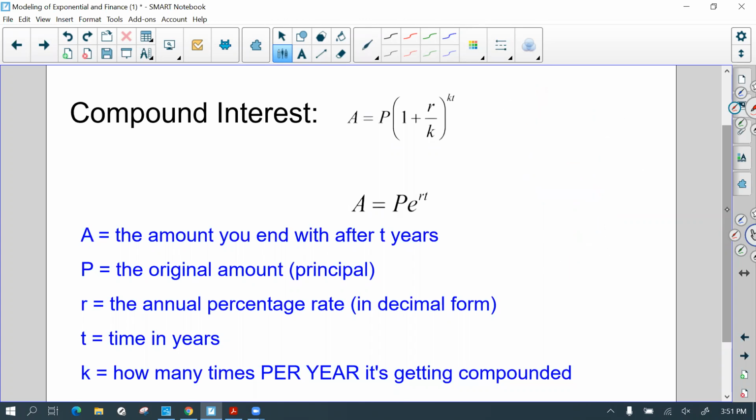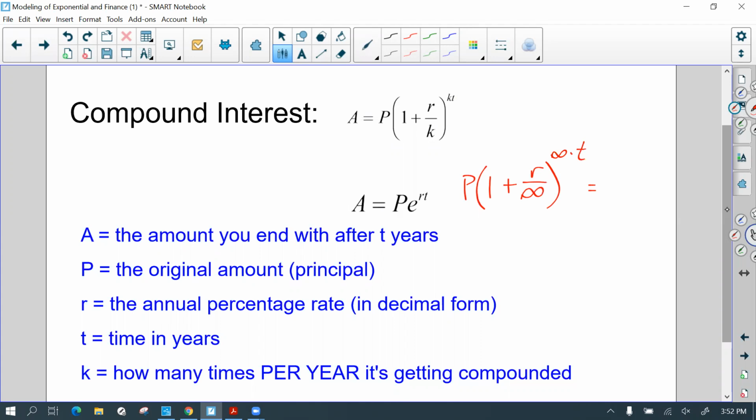And then if you get compounded just continuously, so 1 plus R over an infinite amount of times per year, which seems kind of like a silly idea.